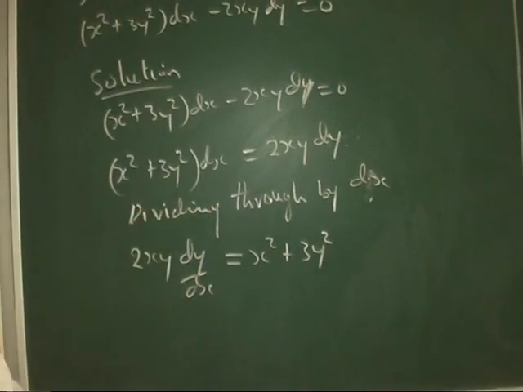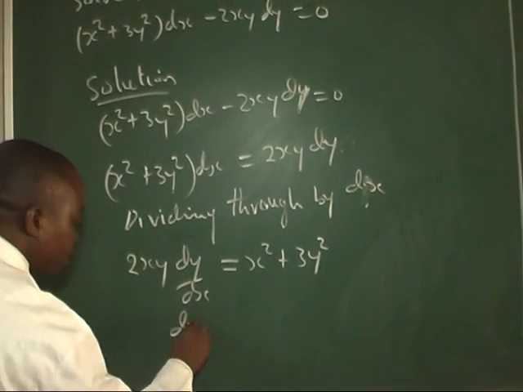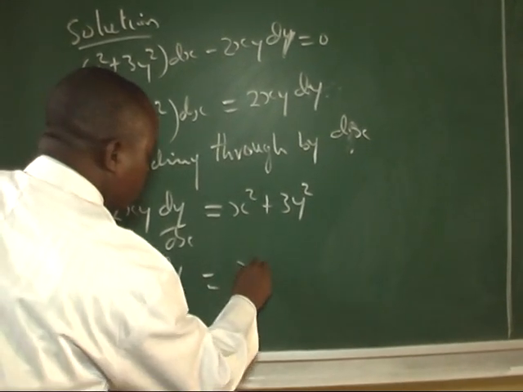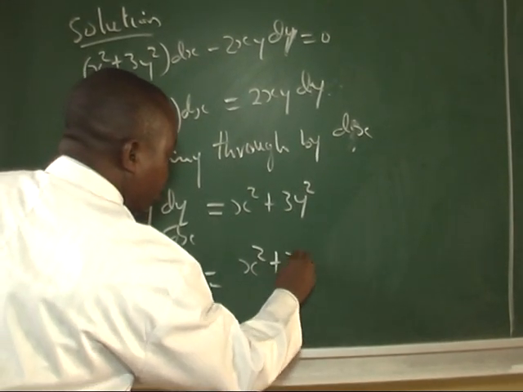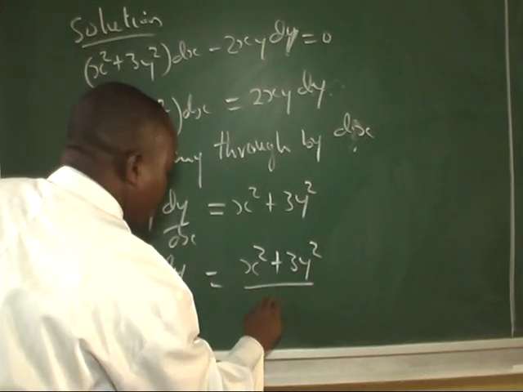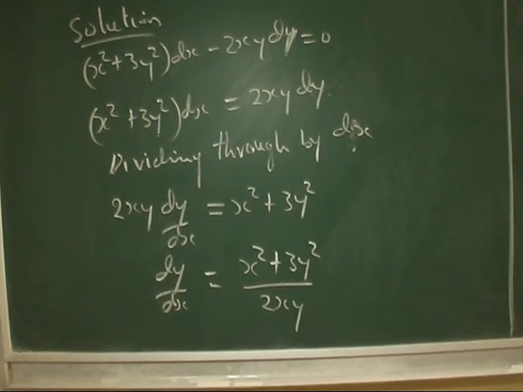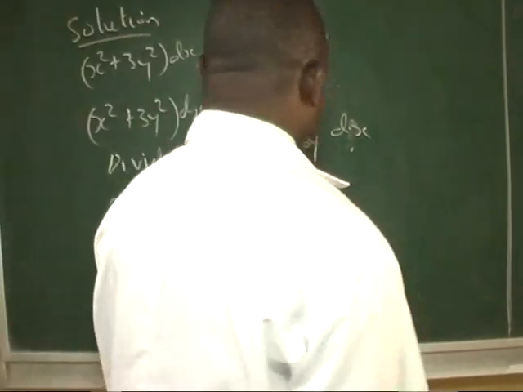The x will cancel here. So we now have that dy/dx will be equal to (x squared plus 3y squared) all over 2xy. So we have it that this is homogeneous.